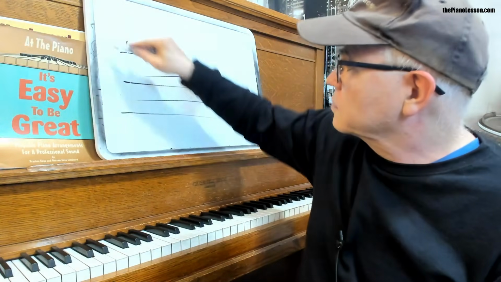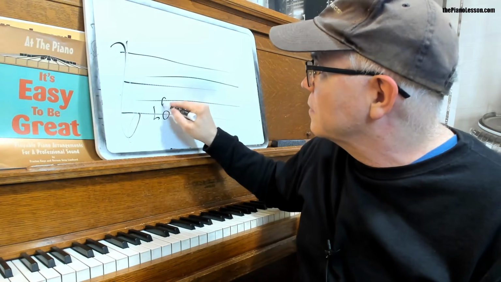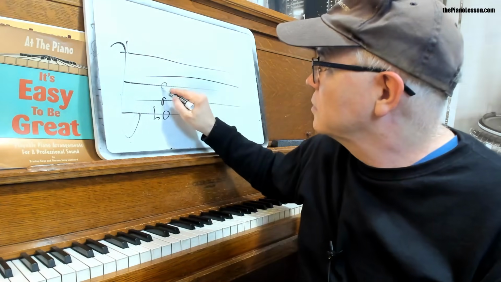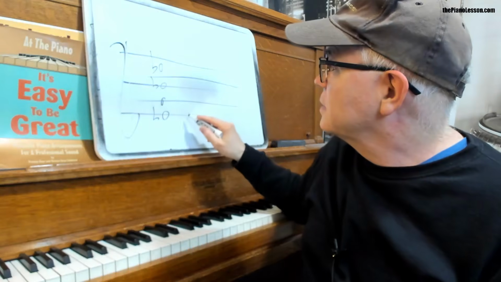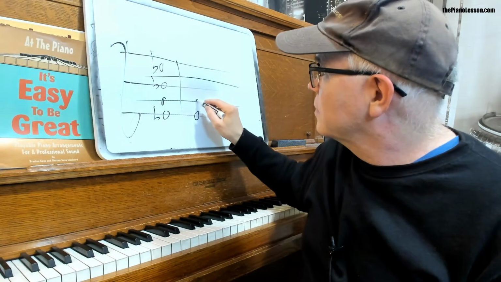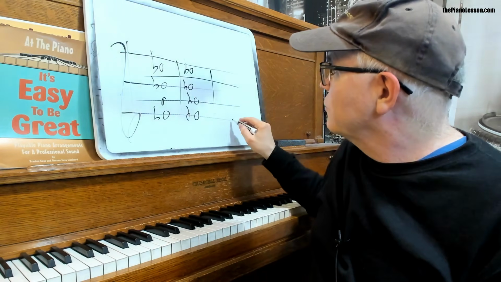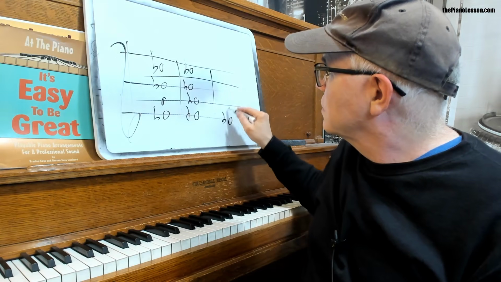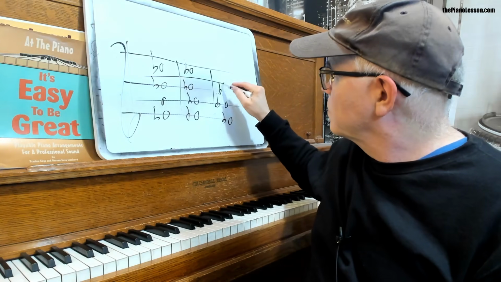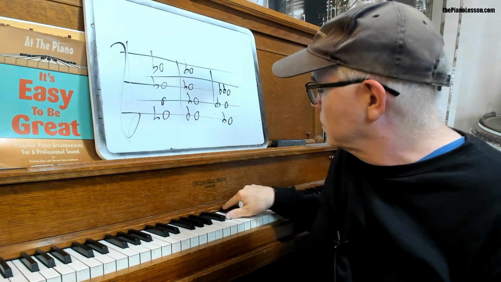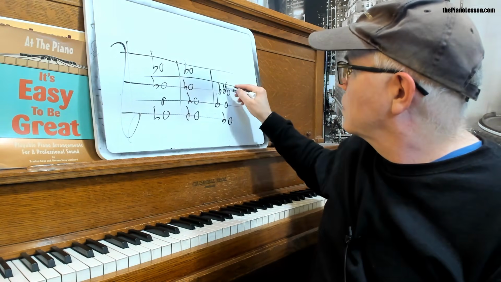So, E flat major, right? And just another E flat. This is E flat minor. And then this is E flat diminished.